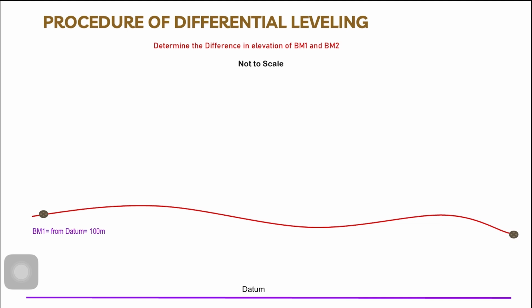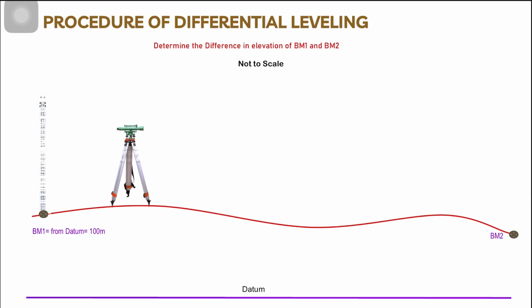So to start, BM1 has a known elevation from the datum of 100 meters. You'll set up your instrument between BM1 and BM2, then read the backsight reading on BM1, equal to 3.03 meters.